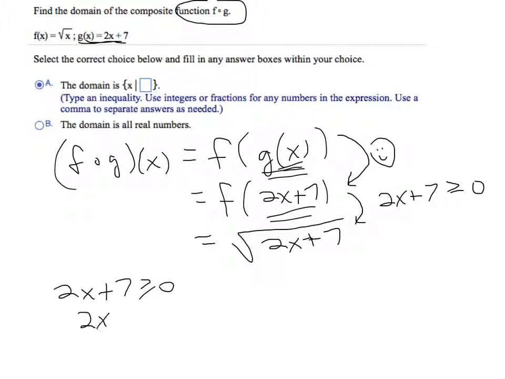So to solve for x, I'm just going to isolate the x on one side of the inequality by first subtracting 7 from both sides, and then multiplying both sides by a half, or dividing both sides by 2, whichever way you want to think about it, and I'll have x greater than or equal to negative 7 halves.